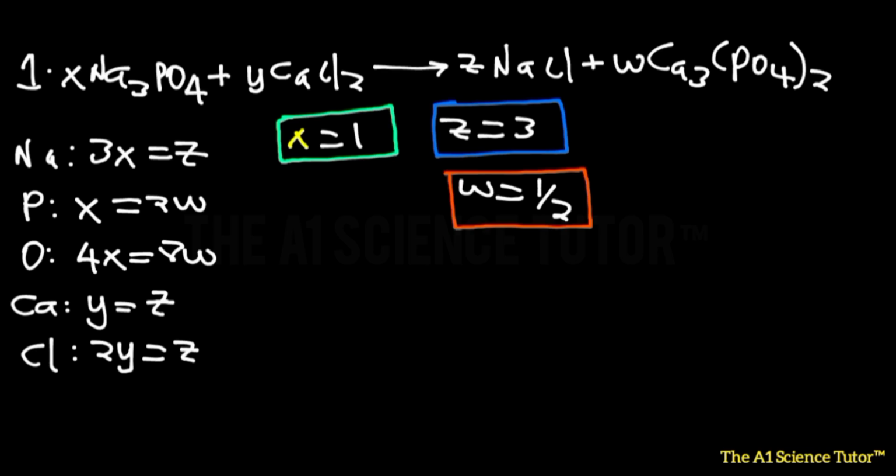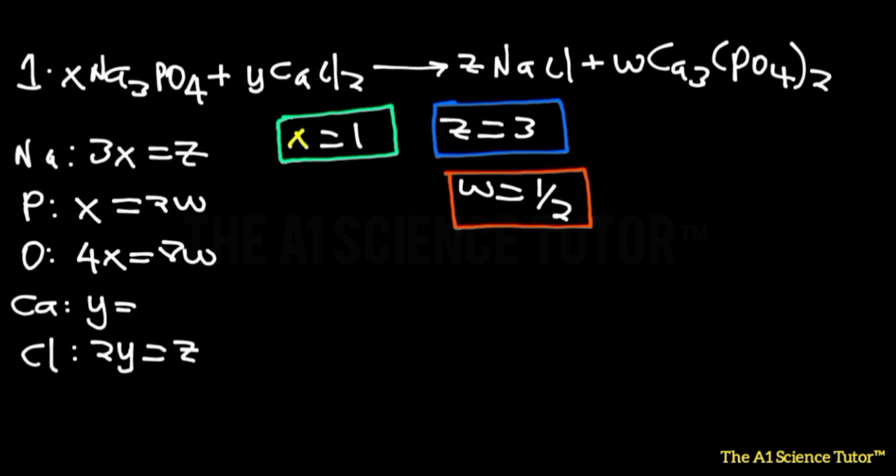Now we need y. Here we can see that 2y is equal to z, and over here y is equal to z. I need to make sure this is correct. Calcium, right? There is actually a mistake I need to correct here.